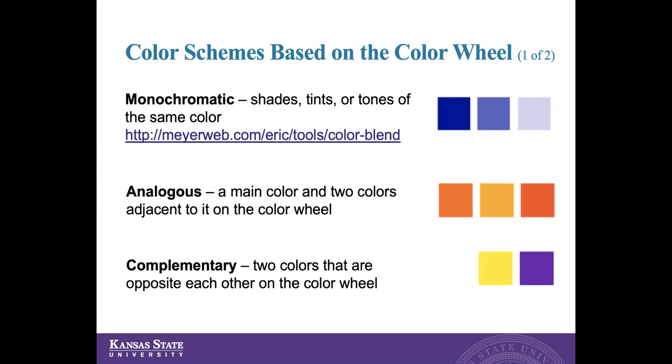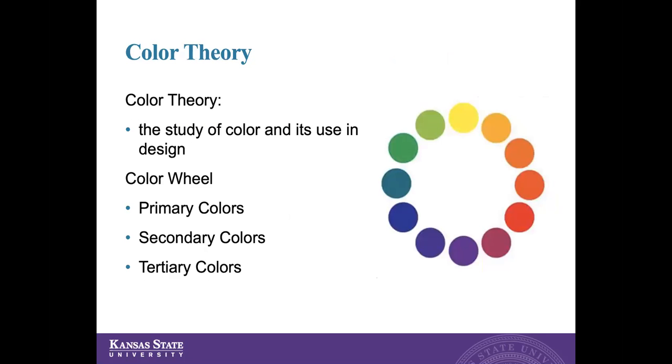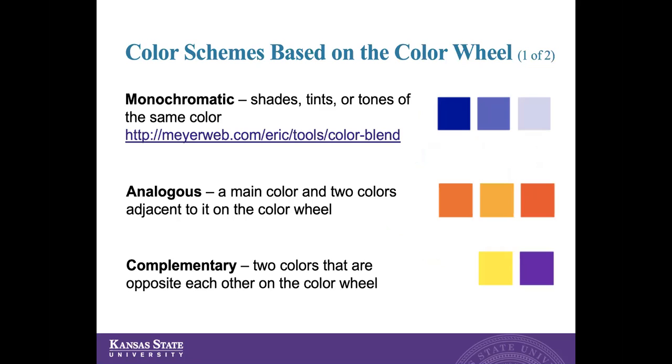We have analogous, where you have a main color and the two colors adjacent to it on the color wheel, like a yellow and the two shades of orange. Complementary is when you have two colors opposite each other on the color wheel, like purple and yellow. The purple is directly opposite the yellow, so that would be a complementary color.